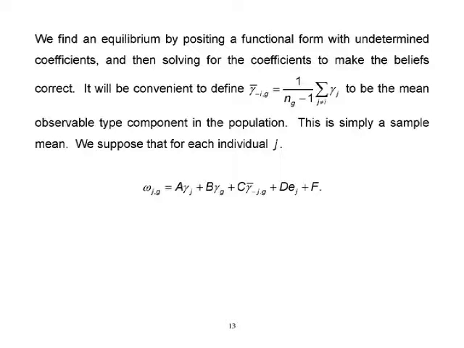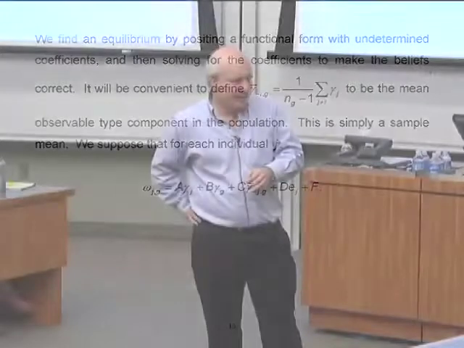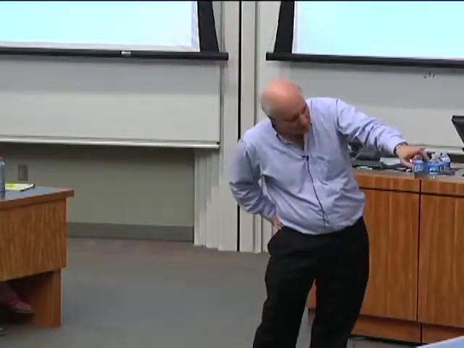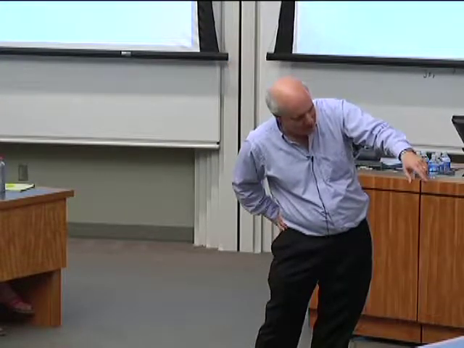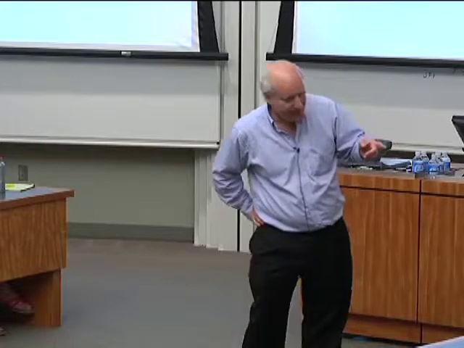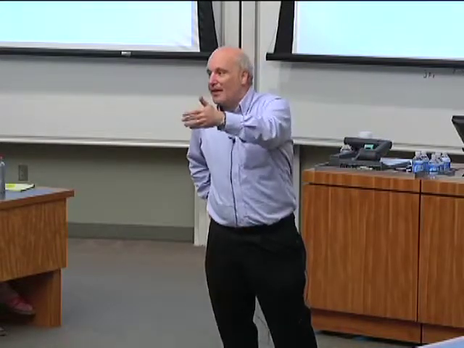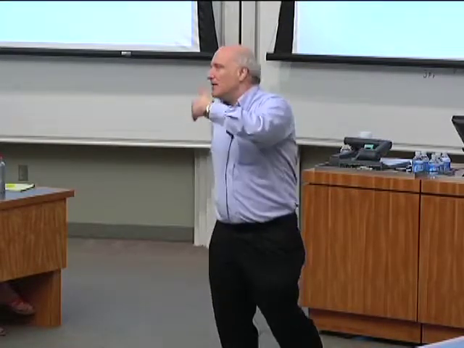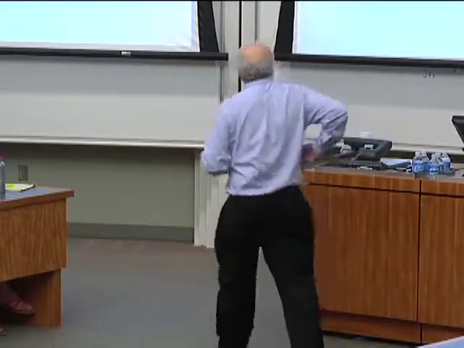But then being very careful to say there's something called epsilon ig, and that's information that's individual specific. In other words, you know that piece of your payoffs, but nobody else does. Okay, people form beliefs about that, but they don't know them.